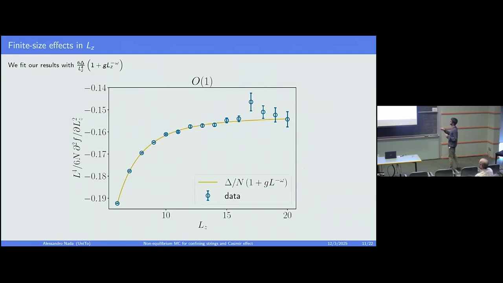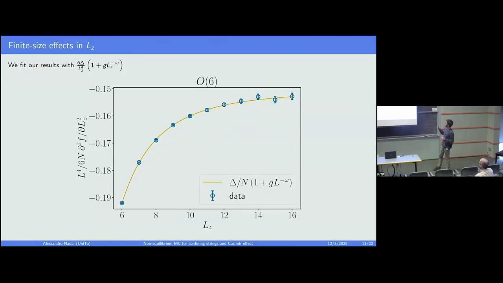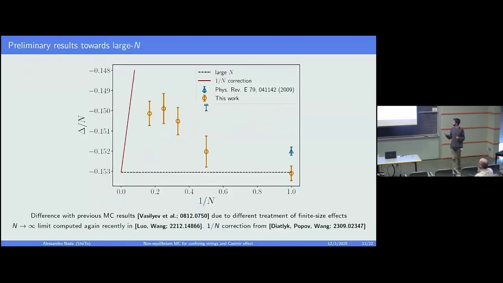The idea is that our delta over here would be essentially the asymptotic behavior of this curve for large Lz, and we did this for O(1), O(2), O(3), O(4), and O(6). Okay, and we perform this finite-size fit, and then we can look at the results plotted against 1 over n. And okay, we comment a little bit. These are preliminary results.